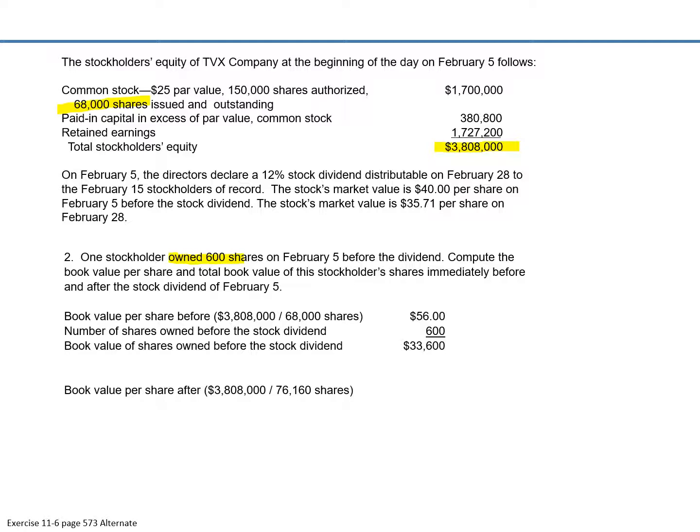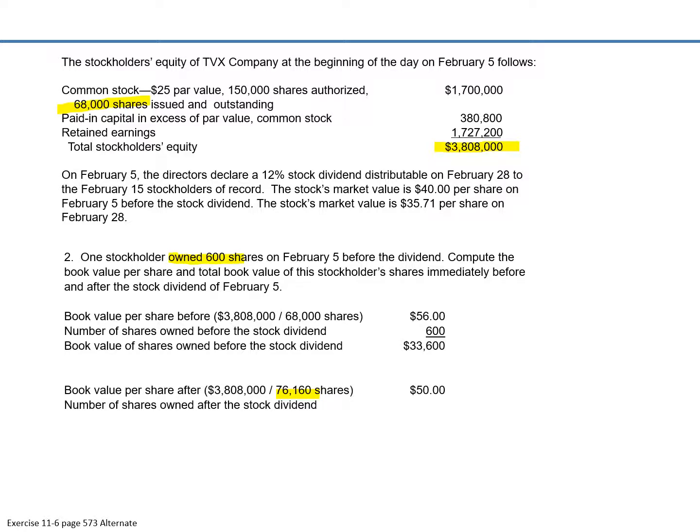So we added 8,160 shares to our total shares outstanding when we did the stock dividend. So now we have 76,160 shares, but our total equity does not change. So our book value per share is $50 now.